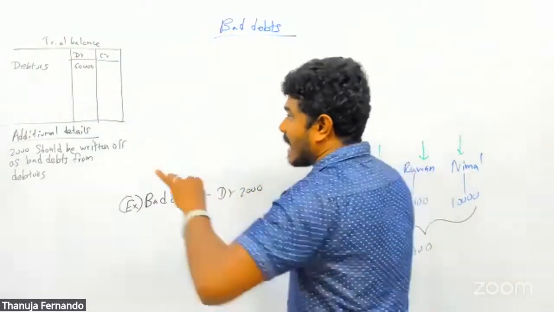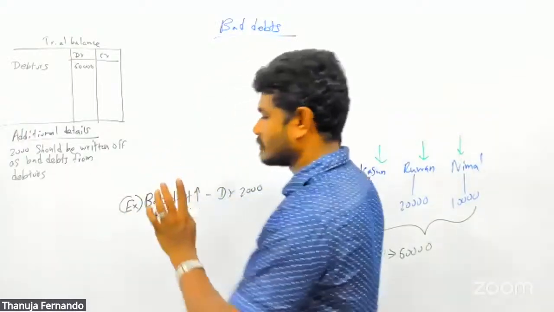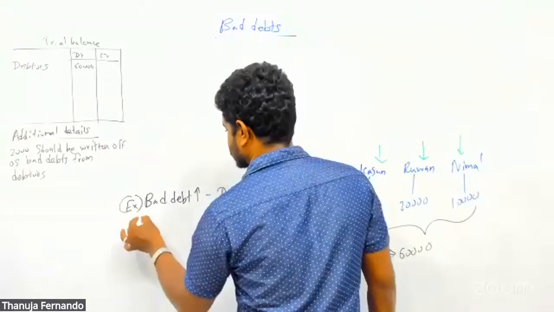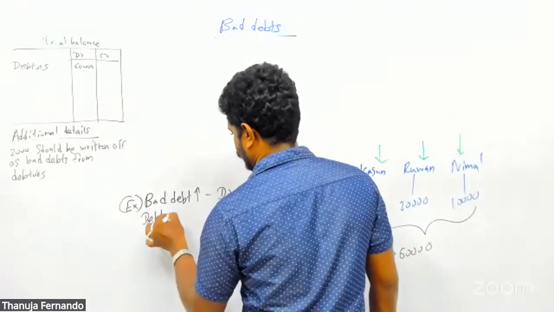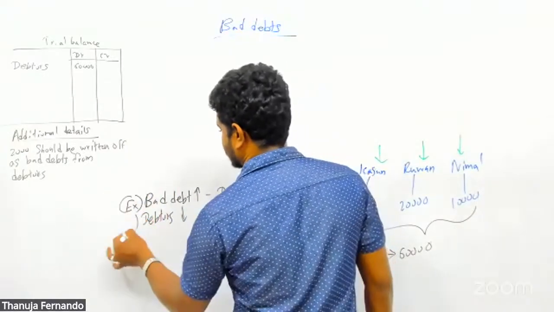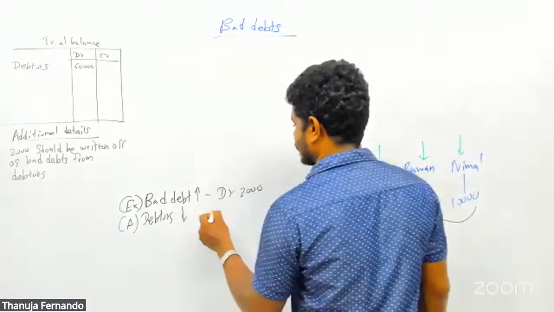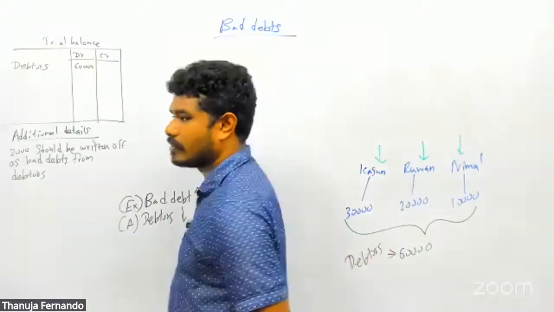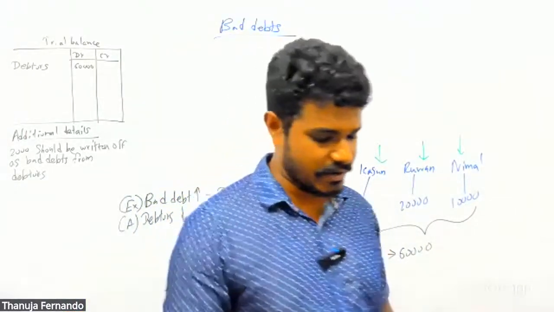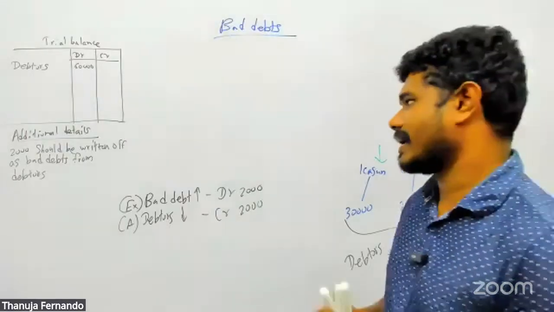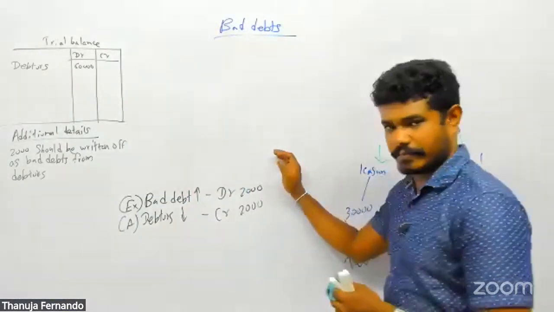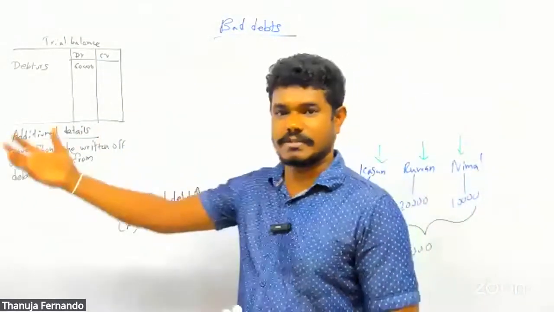Then we have to deduct that 2,000 from debtors. Debtors is an asset decreasing, credit 2,000. This is the double entry of bad debts. If someone tells you to write down the journal entry or double entry, this is the entry.